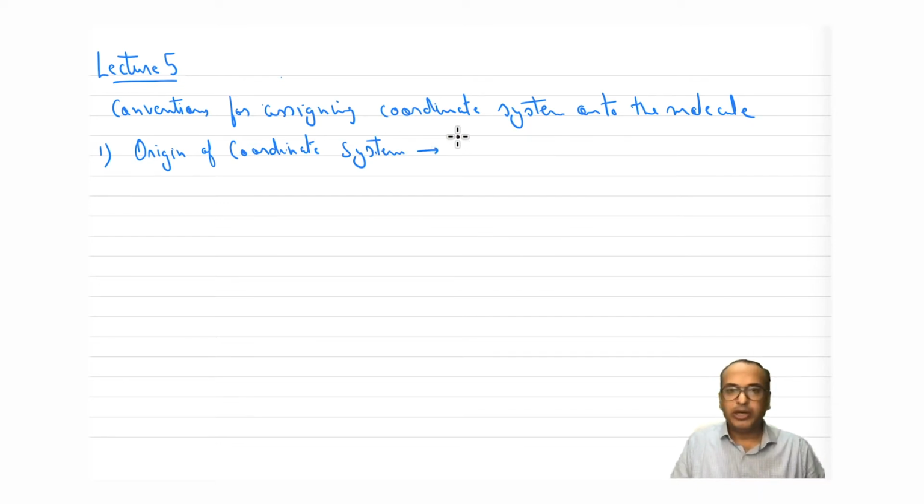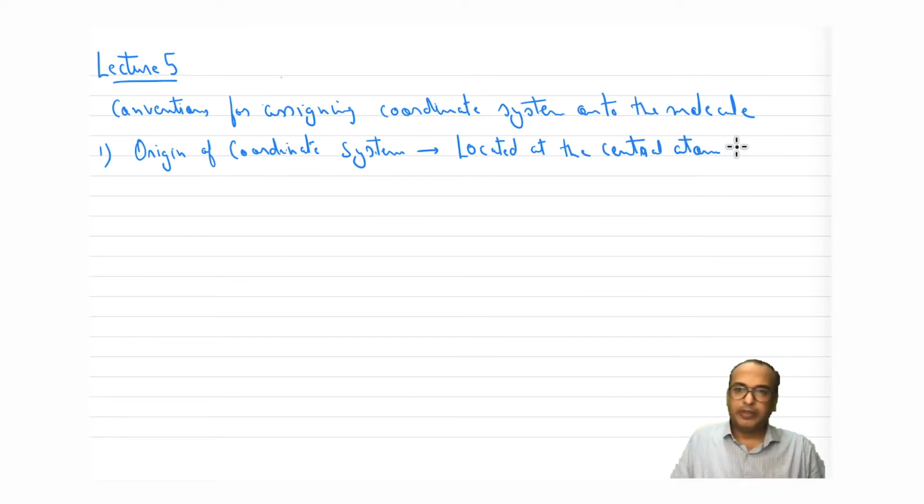It should be located at the central atom, or the center of the molecule. That should be easy to identify.